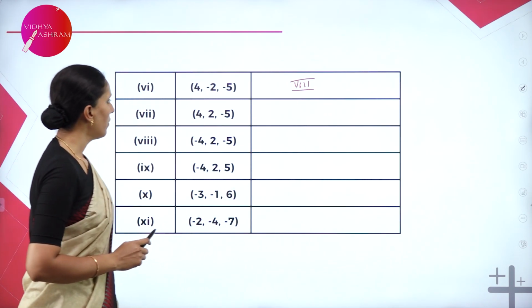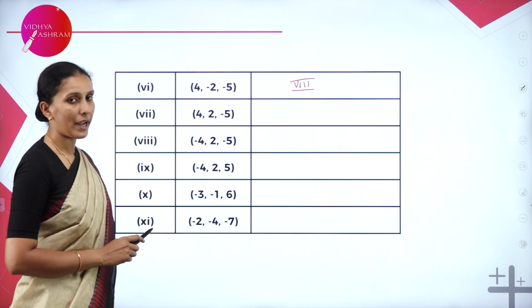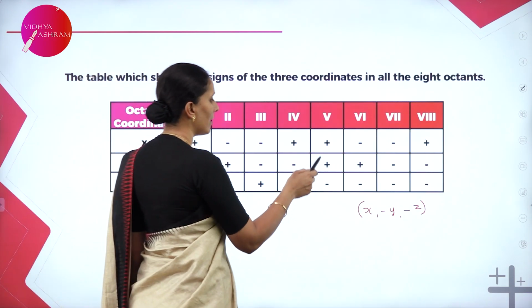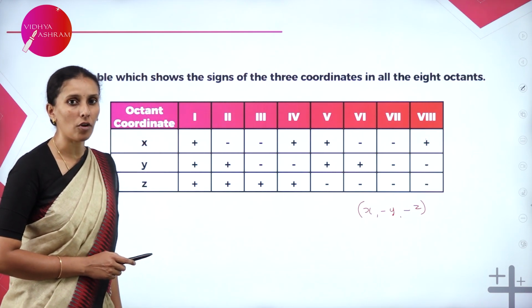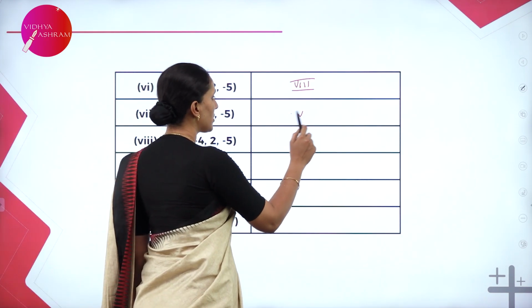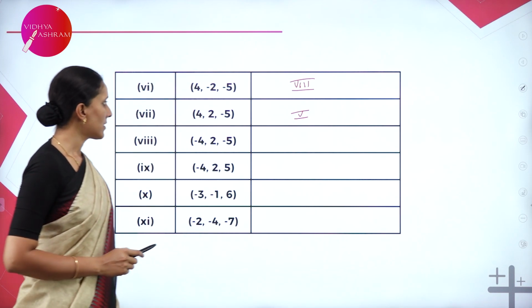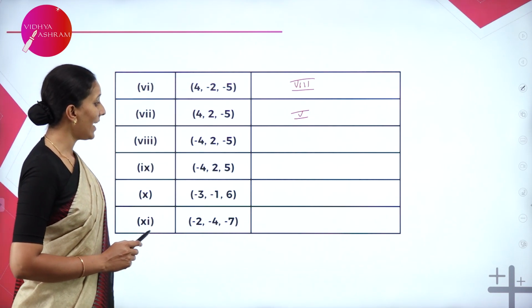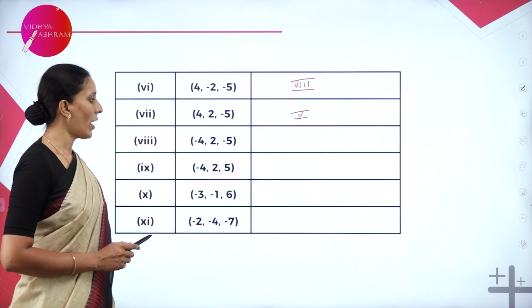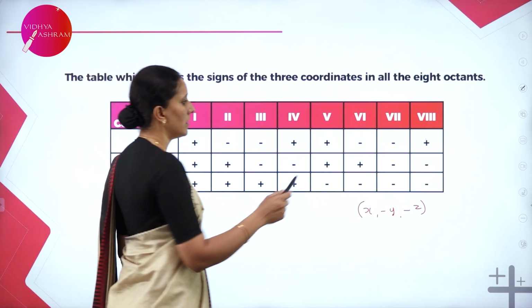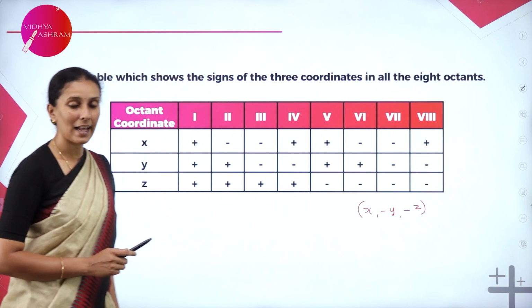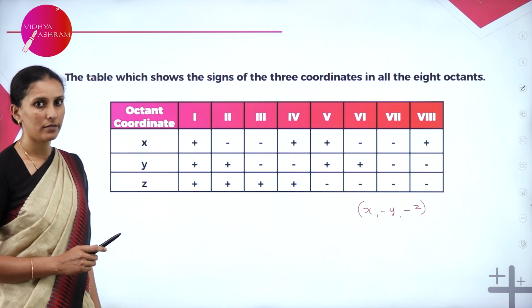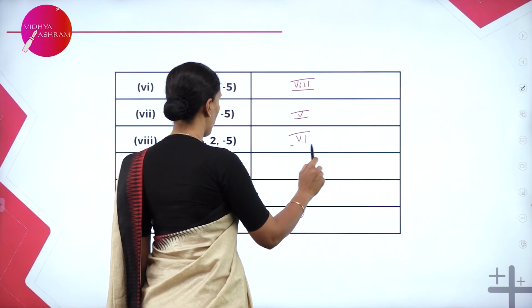Next we have x and y positive, z negative. That means the point lies in the 5th octant. So here we write 5th octant. Next, minus 4, 2, minus 5: x and z are negative, y is positive, which means it lies in the 6th octant.